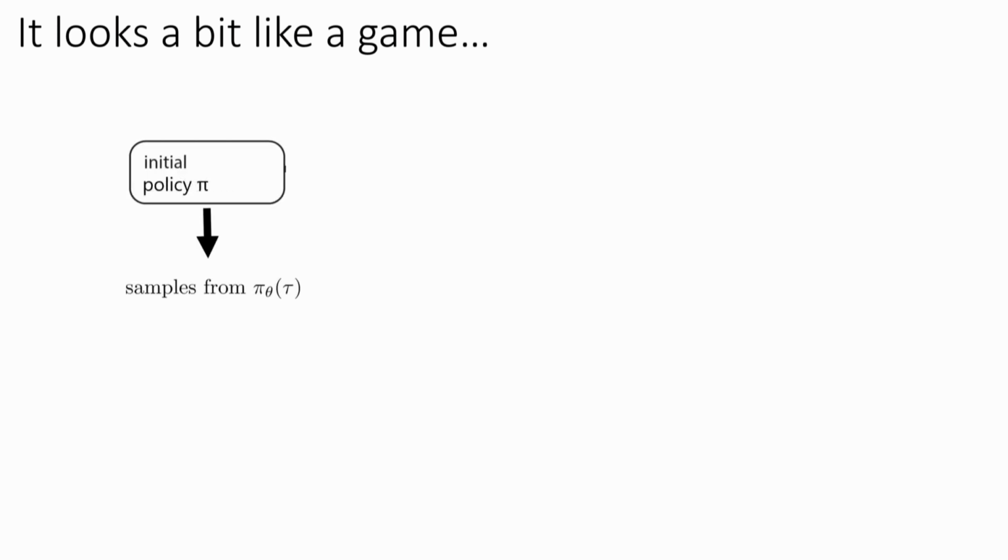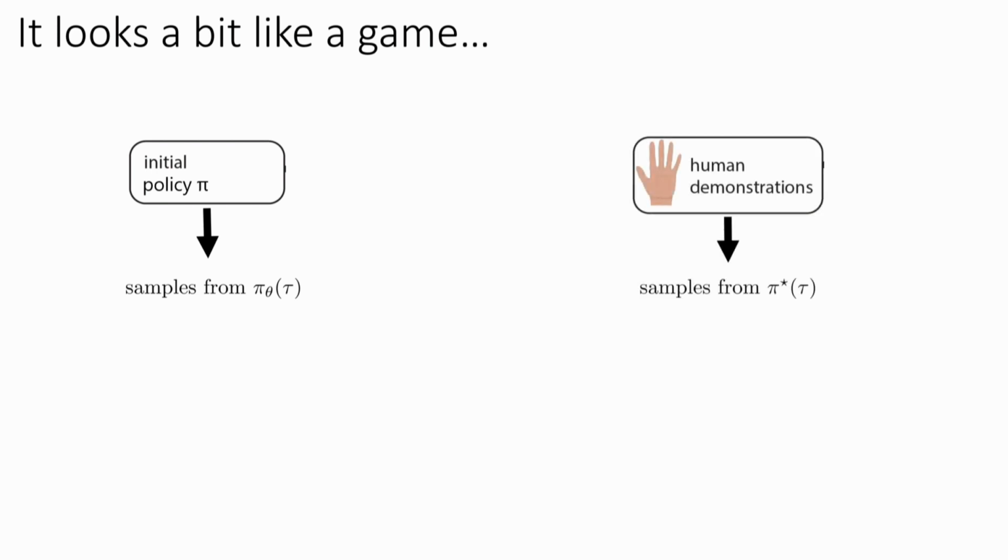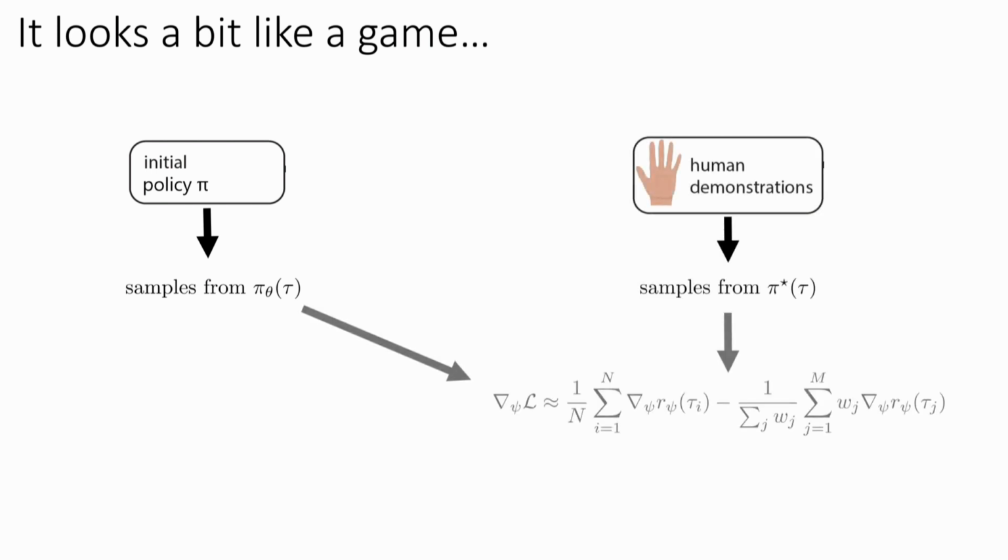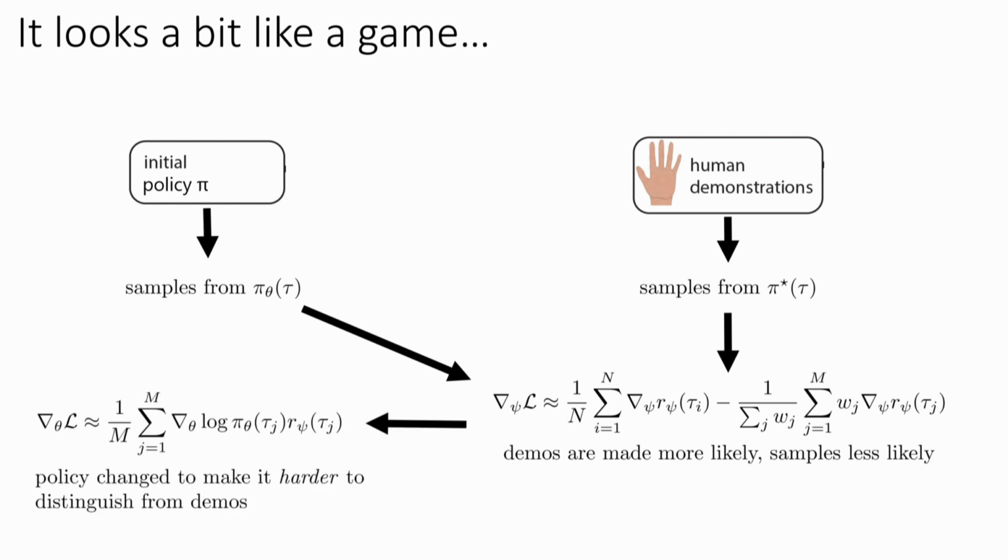So the initial policy, you get samples from that policy. The demonstrations, you get samples from the optimal policy. Then you modify your reward according to this gradient, which makes the samples from your policy have lower reward, especially if they're close to the optimal policy for R psi, and samples from the expert have higher reward. So demos are made more likely, samples less likely, and then the policy changes to make it harder to distinguish those policy samples from the expert samples by raising its own reward.